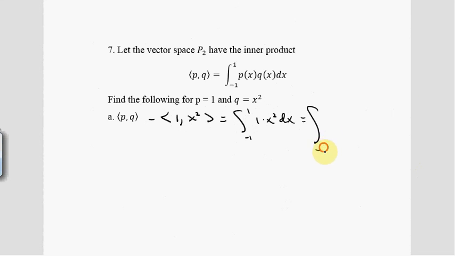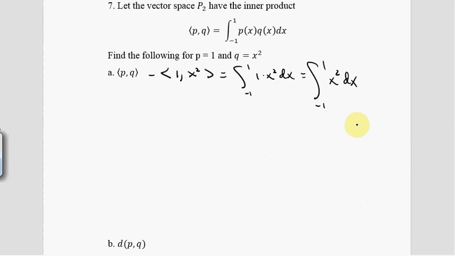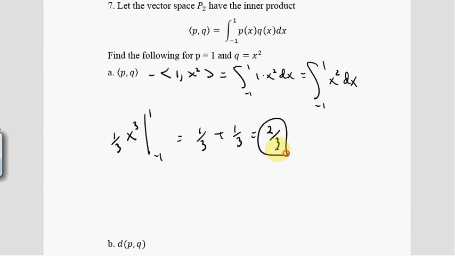That's just the integral from -1 to 1 of x squared dx. So that gives us 1/3 times x to the third, evaluated from -1 to 1. So we get 1/3 plus 1/3. We get 2/3.